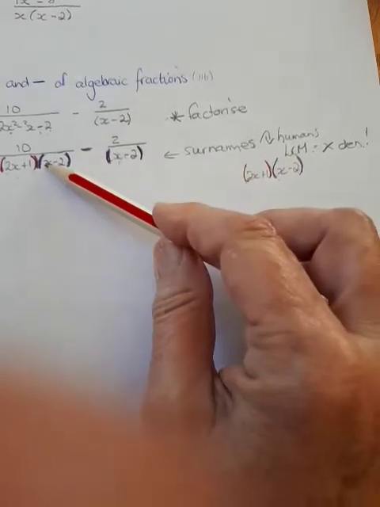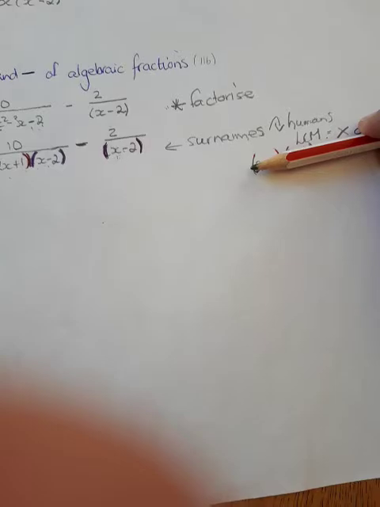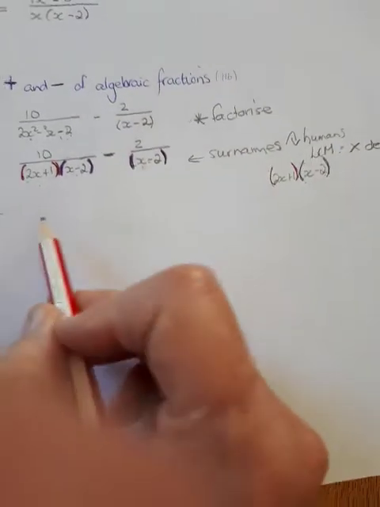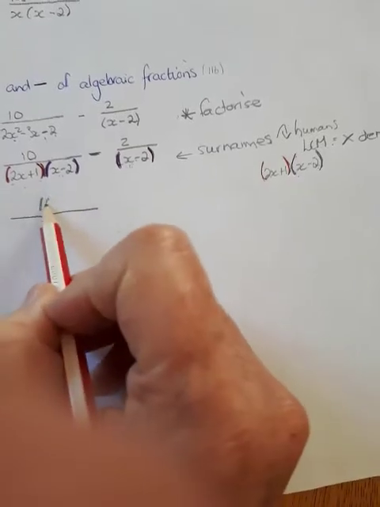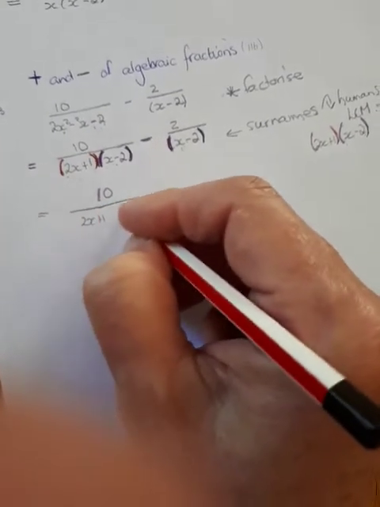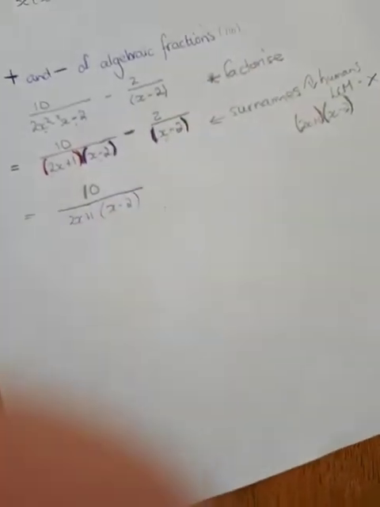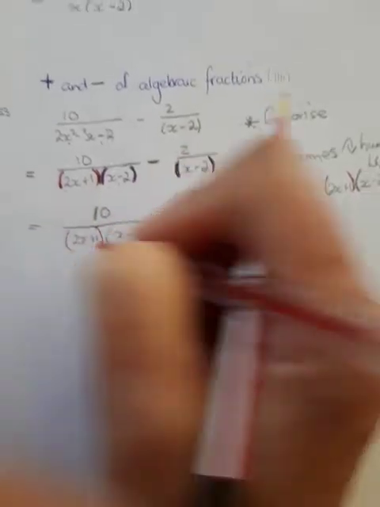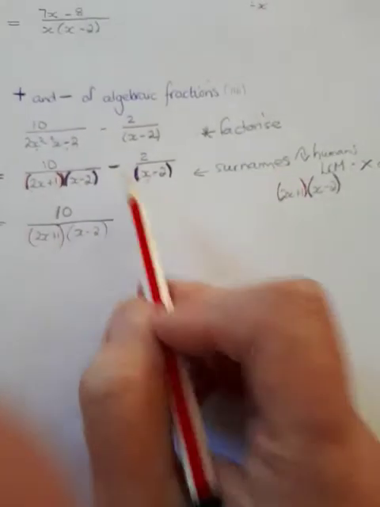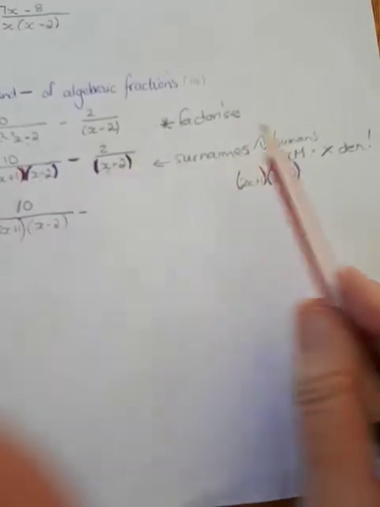Then you already got that bracket, so you have the complete lowest common multiple, which means that fraction will just simply remain as is, 2x plus 1 and x minus 2, and the one is the purple bracket and the other one is the red bracket.